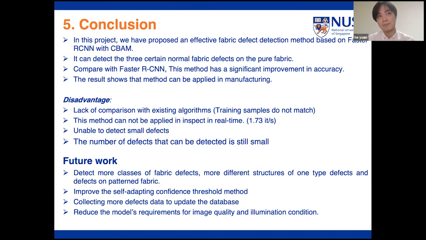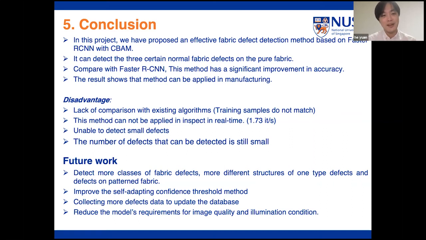I mean, maybe it's not that the method cannot be used on patterned fabric, but we don't have enough data, and we cannot tell the model that this pattern is also a normal part. We cannot do it, so it's also very hard. And I don't know if it can be fixed in the future because we still don't have enough data.